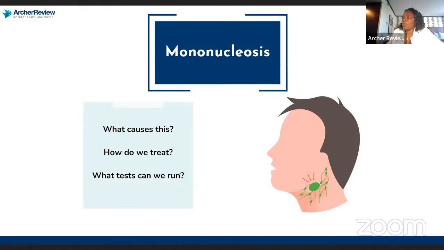The type of test we do is a mono spot or antibody testing. The complication of it, like I said, is a ruptured spleen. And so educate the patient that mono is spread through saliva. We call it the kissing virus or kissing disease. So we want to make sure they're not kissing anyone or sharing any food, drinks or utensils.